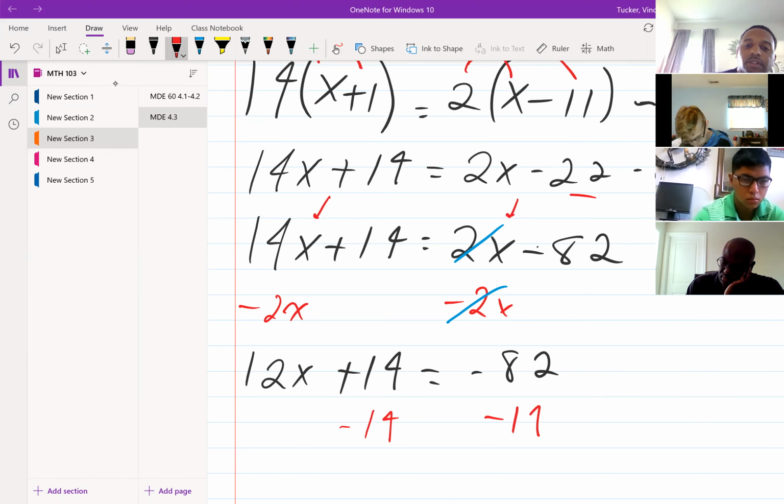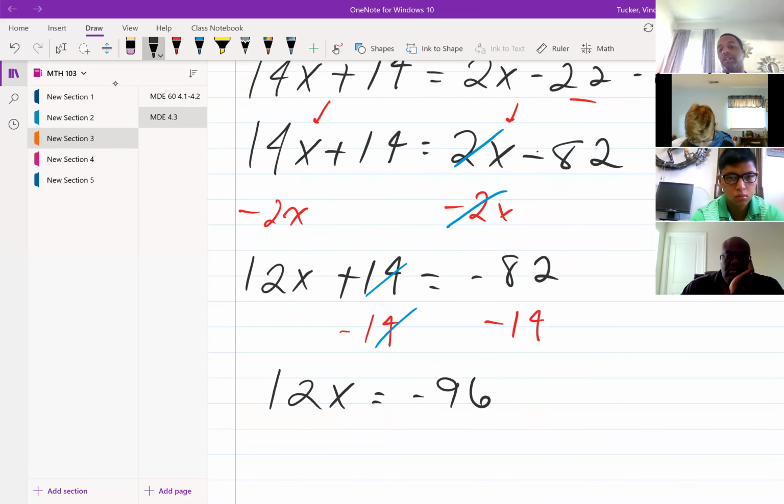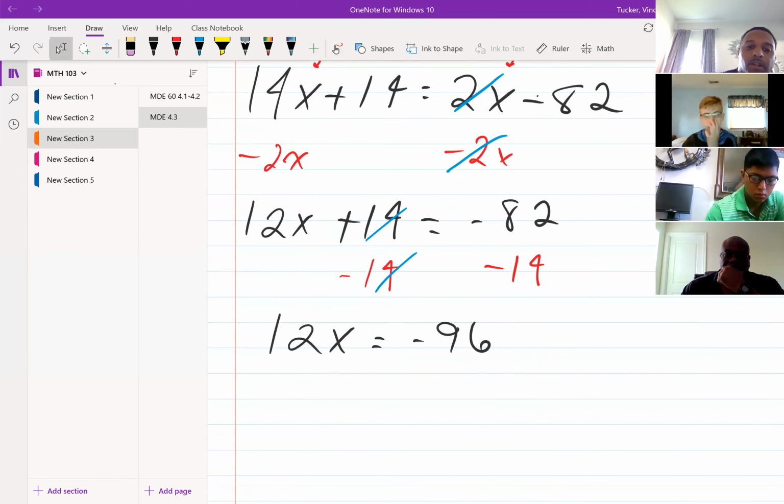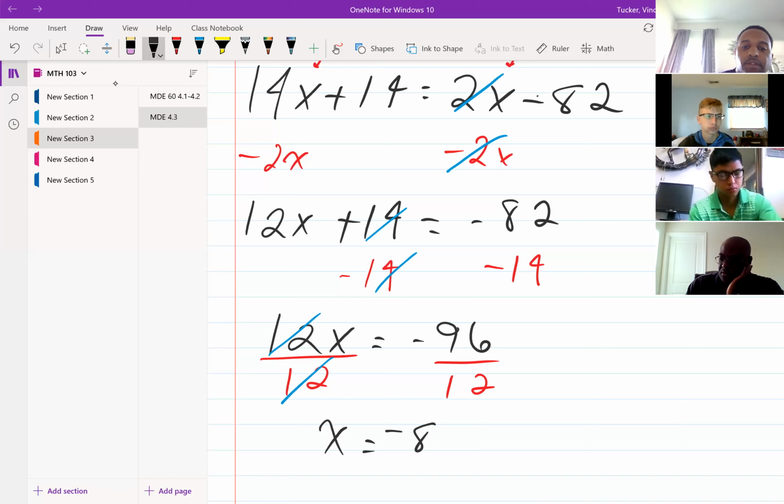Subtract 14. 12x equal to negative 96. Now we can divide both sides by 12. 12 cancels on the left, leaving me with x. And on the right, negative 8.